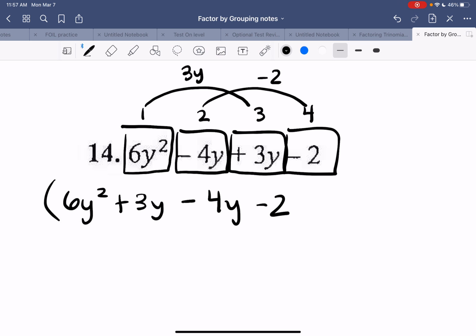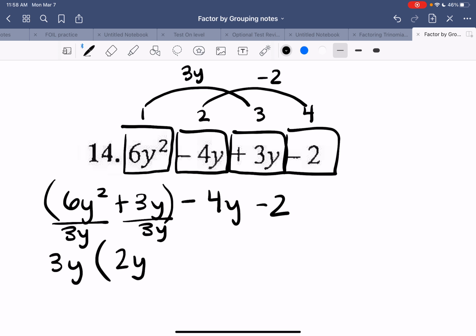Now my first group is 6y squared plus 3y, where the common factor is 3y. Factoring it out, if I divide this by 3y, I'm left with 2y, and dividing this by 3y, I'm left with 1.